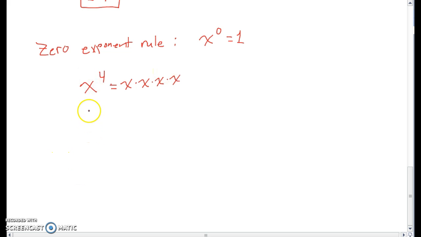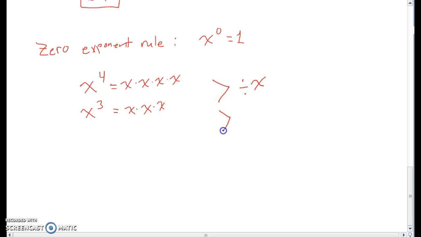I think at this point we should have that understood pretty well. Now let's look lower, at x to the 3rd. That's x times x times x, so we've got 3 x's. To get from x to the 4th to x to the 3rd, we divided by x.